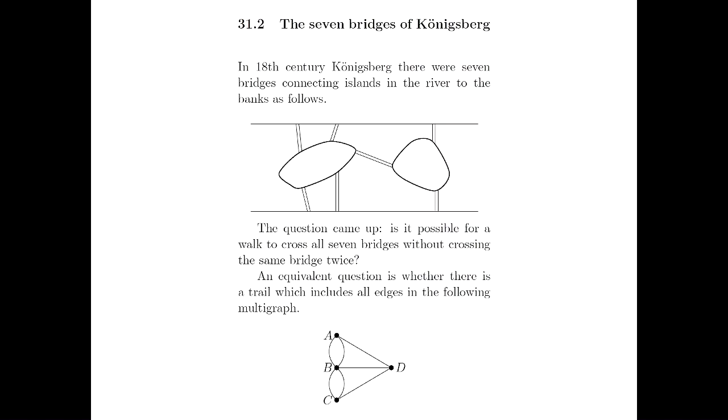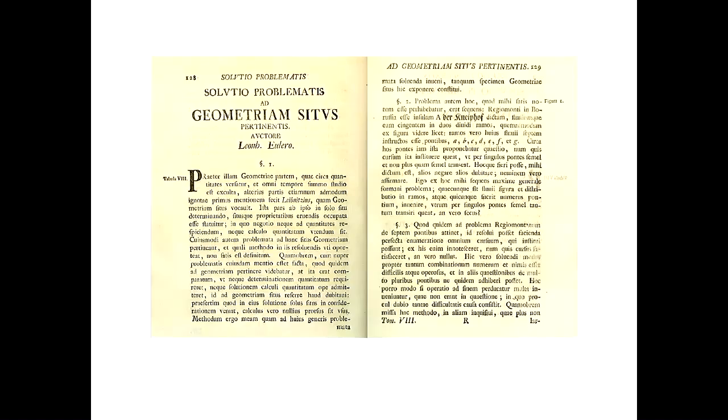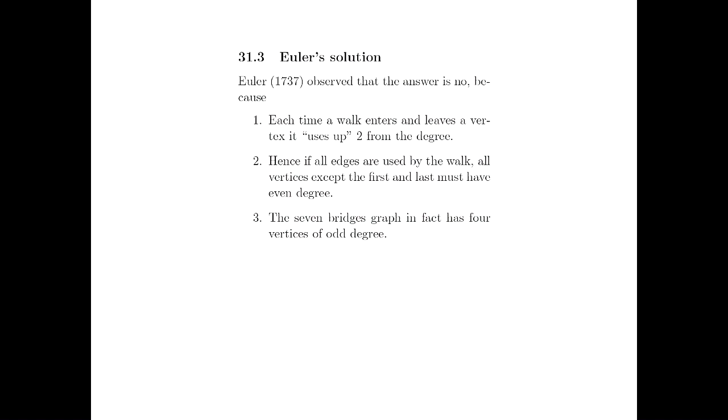So the question is, can we find a trail in this multigraph which uses every edge exactly once? Obviously, we can use vertices multiple times, but every edge exactly once. So that's the question. And Euler said the answer to this is no, right? And let's talk about the reason.